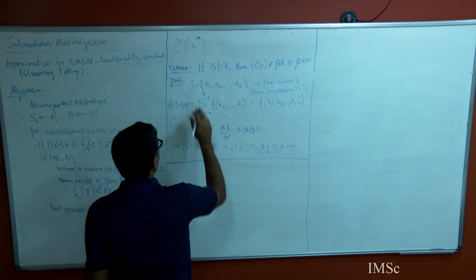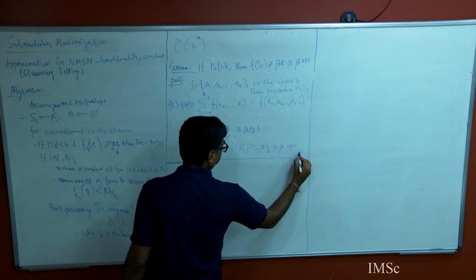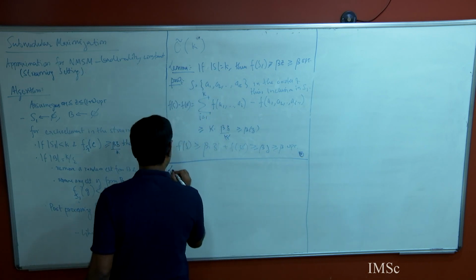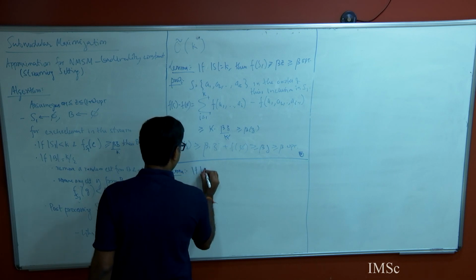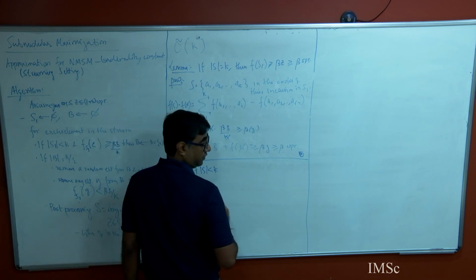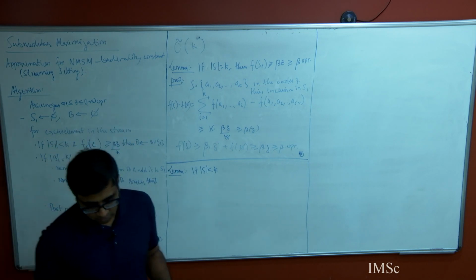Okay, so this is one lemma which we wrote. Let's write the second lemma. If mod S is strictly less than k, then what can we say?